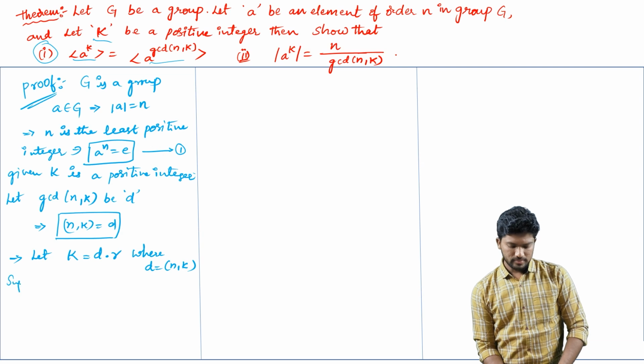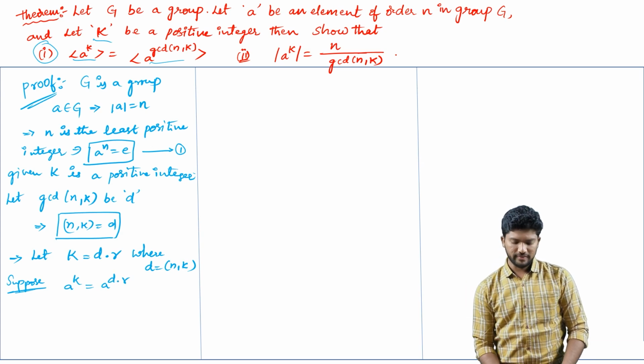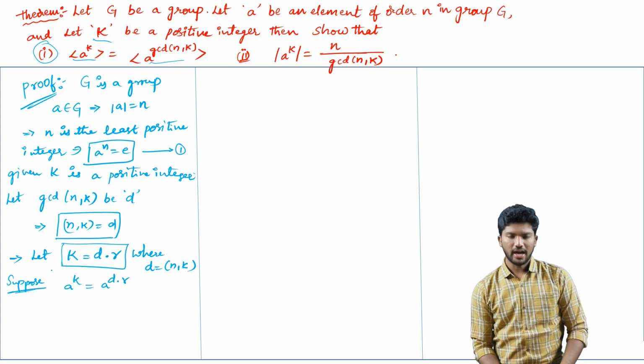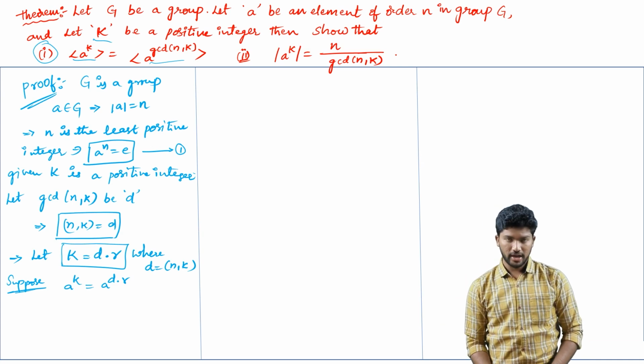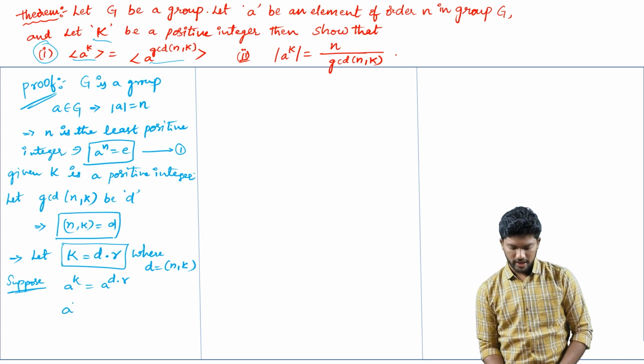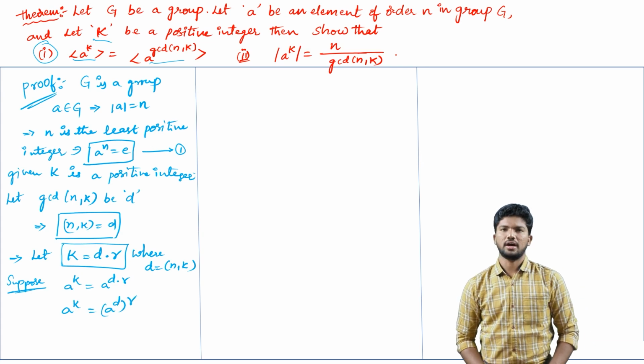Now, for this equation k is equal to d into r, I am taking the power of a. Therefore a^k is equal to a^(dr).